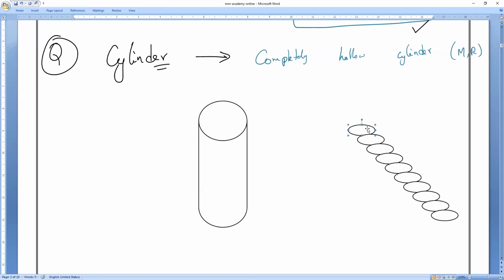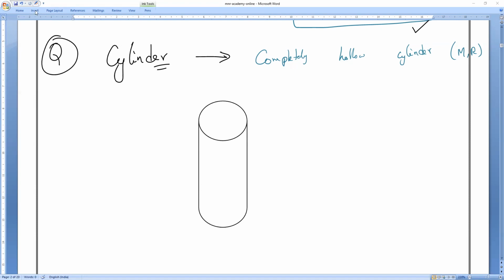Moment of inertia of a completely hollow cylinder, about an axis passing through the axis of cylinder and center of mass.